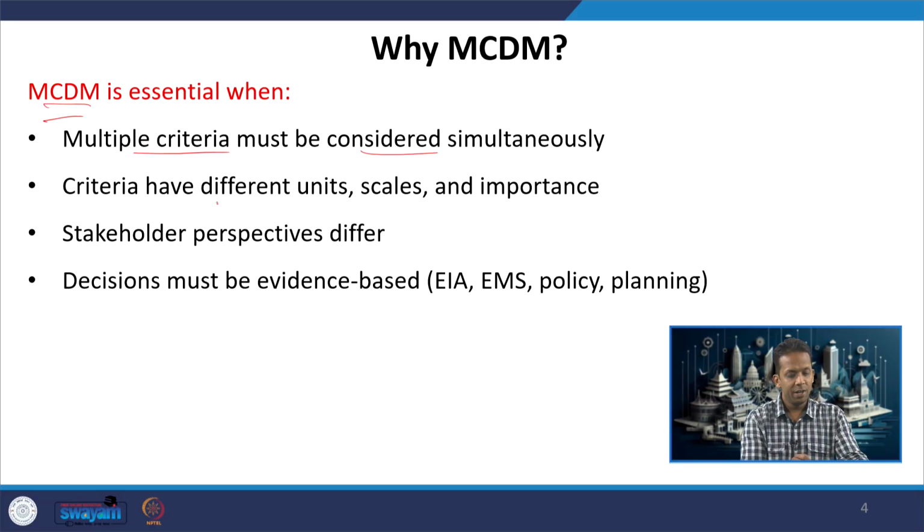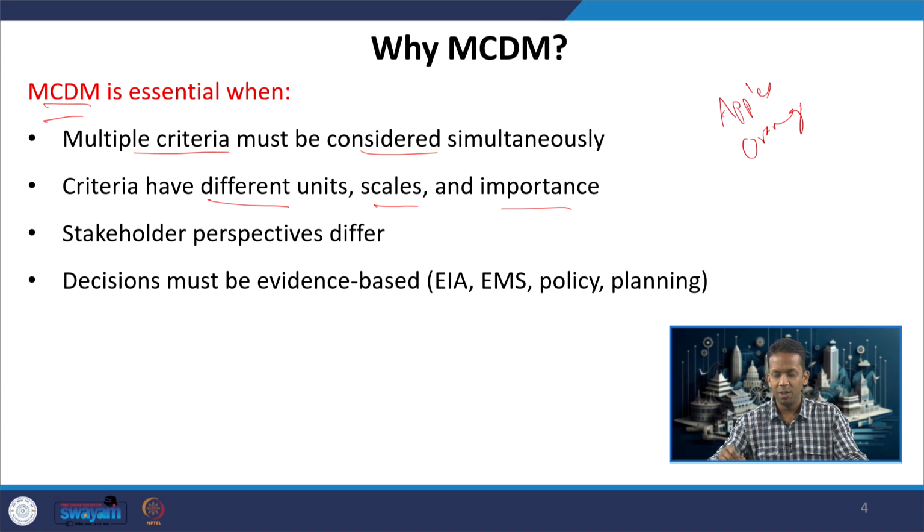Also, when criteria have different units, scales and importance, we often say you cannot compare apples with oranges, right? Whenever someone tries to do some comparison, this is the phrase you often hear, like you are comparing apples to oranges. Can we really compare apples versus oranges? Okay.